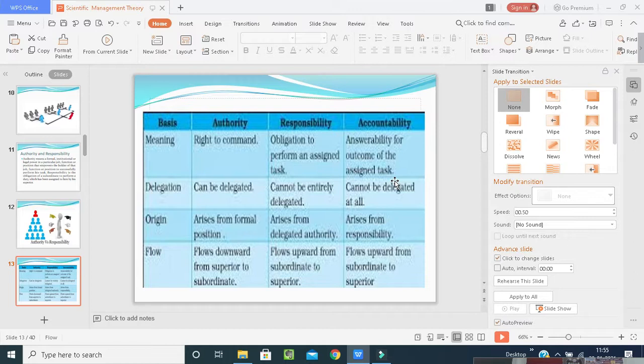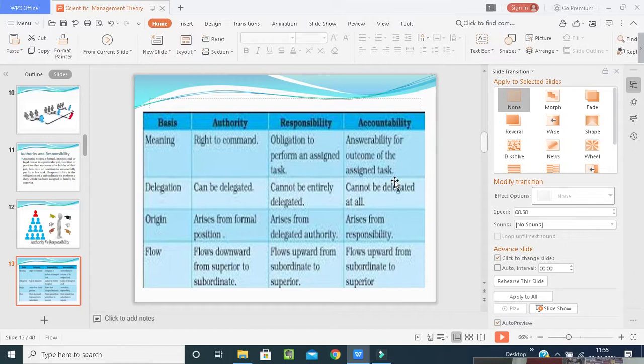And coming to the authority, it cannot be delegated at all. That means if after giving some tasks, one or two mistakes have been made by the employees, then the employer is not able to question him because he is not capable of that work all of a sudden. So it is the duty of the employer to give them training.